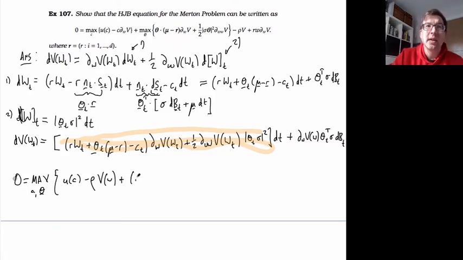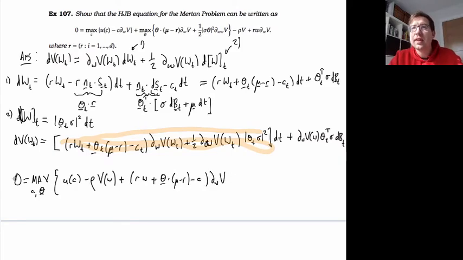So here it's r w, now lowercase w, plus theta applied to (mu minus r), minus c, times the partial derivative of V, plus a half second partial derivative of V with respect to w, times theta sigma squared.